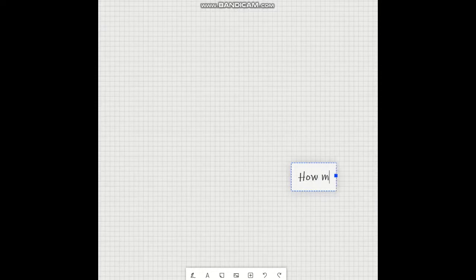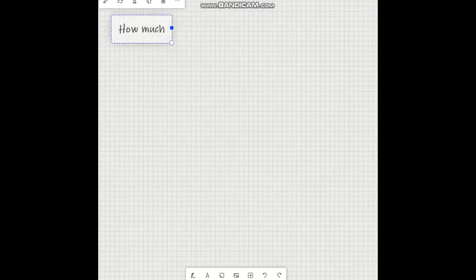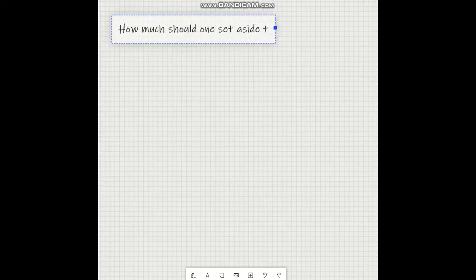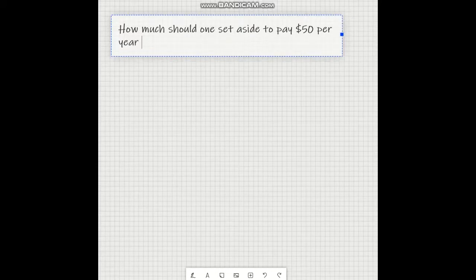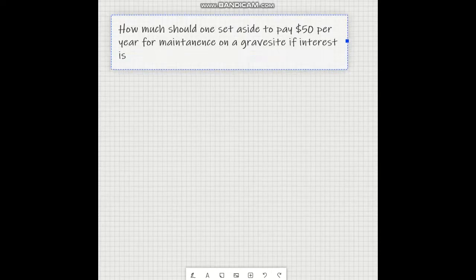How much should one set aside to pay $50 per year for maintenance on a gravesite if interest is assumed to be 4%.